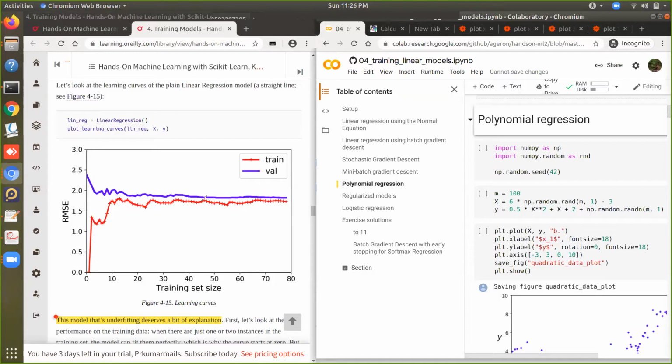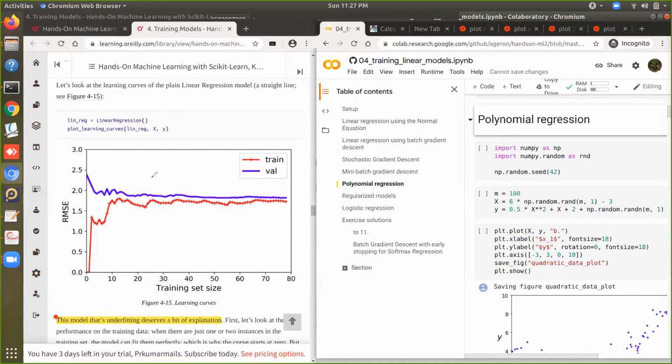That is the RMSE, right? If that RMSE value is high, what does it mean? It means that the model is not being able to predict well on the training data itself. It is not being able to handle the training data in the first place, not to talk about the validation set. So if the model performs poorly on the training data, then we call it underfitting.